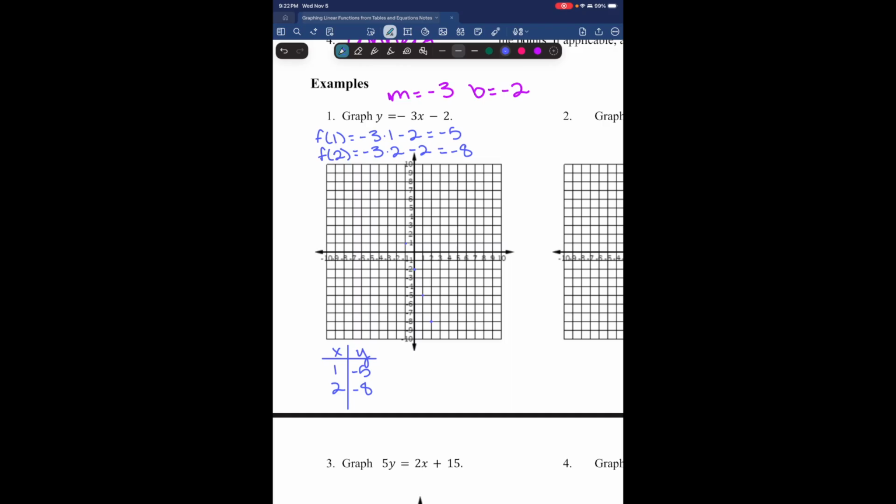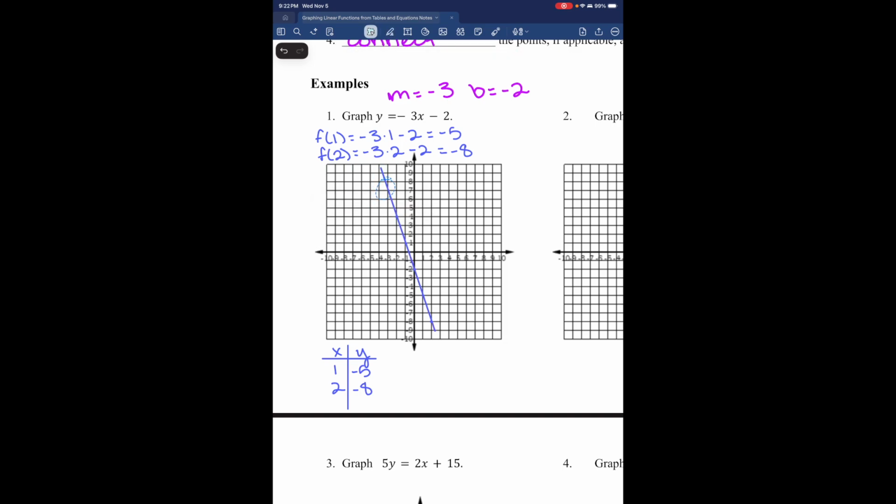That's pretty much the points I'm going to draw.